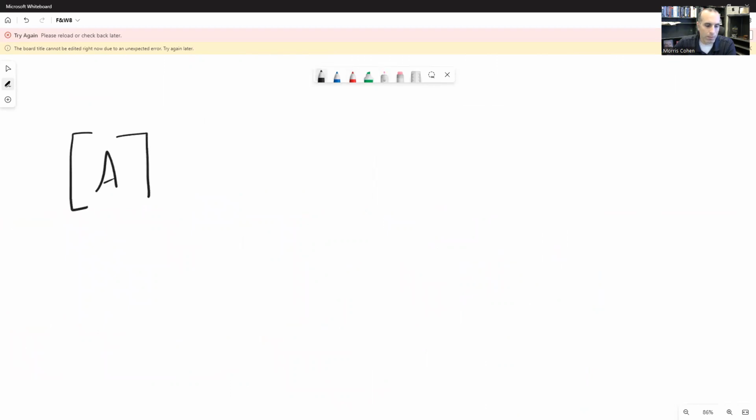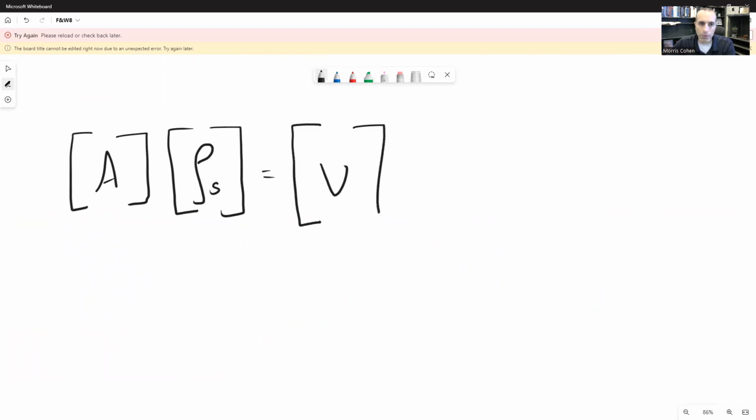And the way we're going to set that up is with the following matrix equation. We're going to have A times rho S equals V. V for voltage. All right, so let's talk about what each of these is. V is an n by 1 column matrix, or column vector, really.